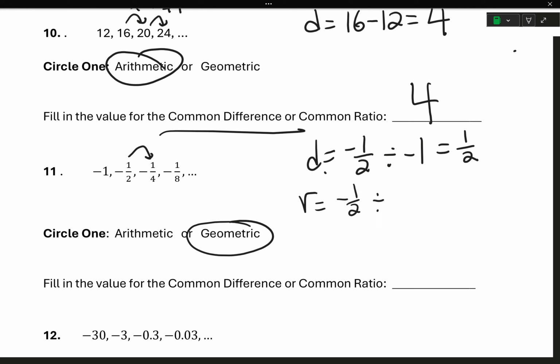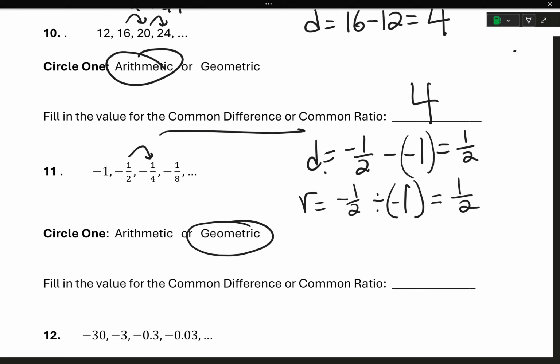This time we're going to do negative 1/2 divided. I was supposed to write subtracted up here. I did it right, but I wrote divided. Well, anyways, for ratio, we are dividing by negative 1. And we get positive 1/2 as well.